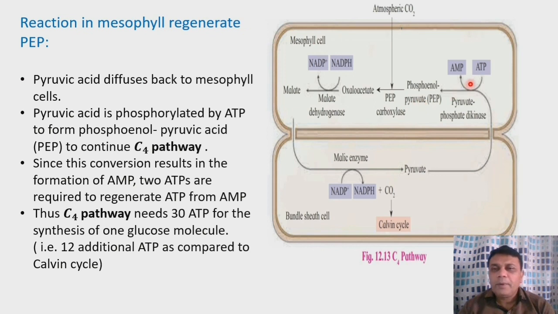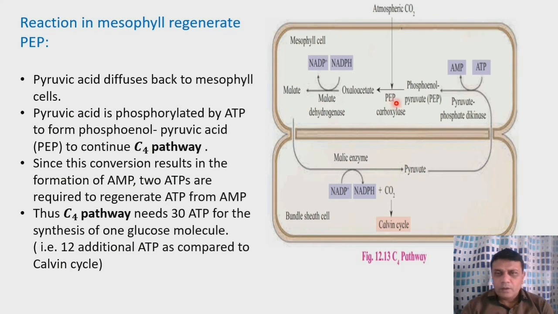So ATP gives phosphate to form phosphoenol pyruvate, and AMP, that is adenosine monophosphate, is formed. Then the produced phosphoenol pyruvic acid is used to continue the C4 pathway.